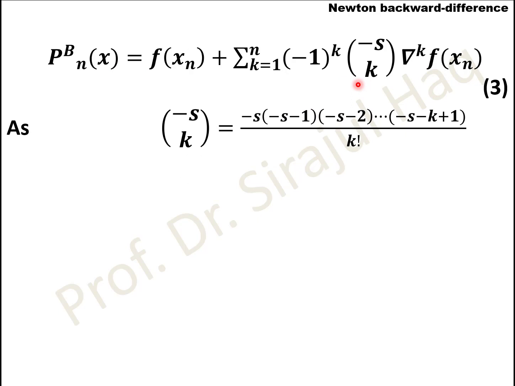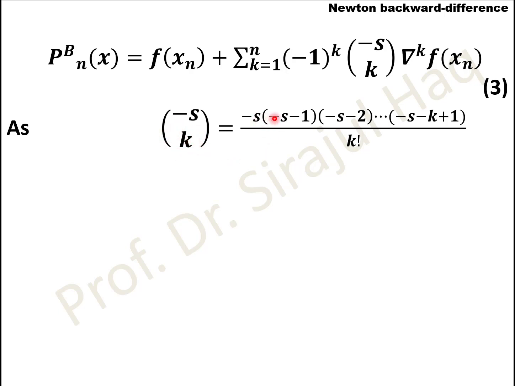The expansion of this coefficient is given by this formula. Again, you can see that there should be k terms in the numerator, starting from minus s minus 0 up to minus s minus k plus 1, divided by k factorial.